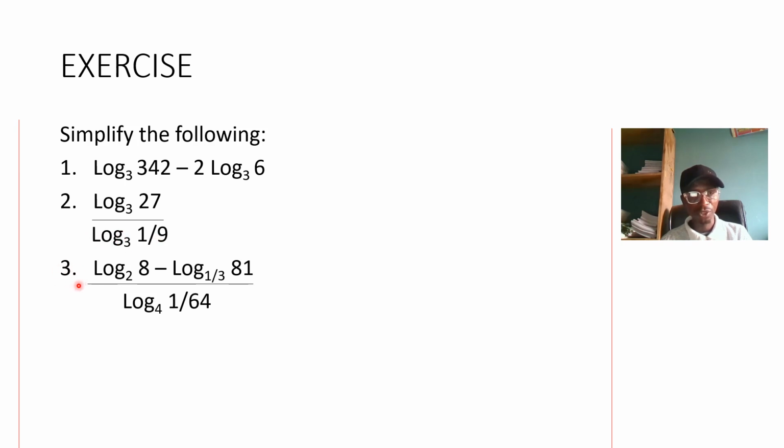And the final question is log 8 base 2 minus log 81 base 1 over 3 over log 1 over 64 log 4.